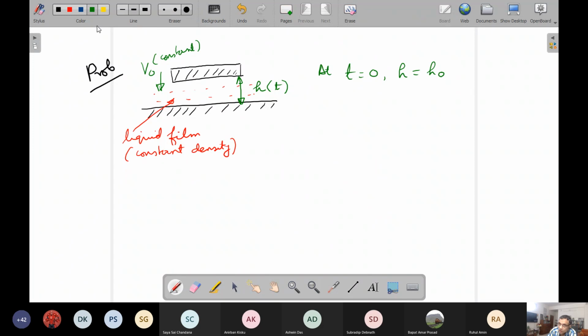We set up a coordinate axis. Let us draw this. This is x, and maybe centrally we take z, and this is the radius. The plate is a circular plate.